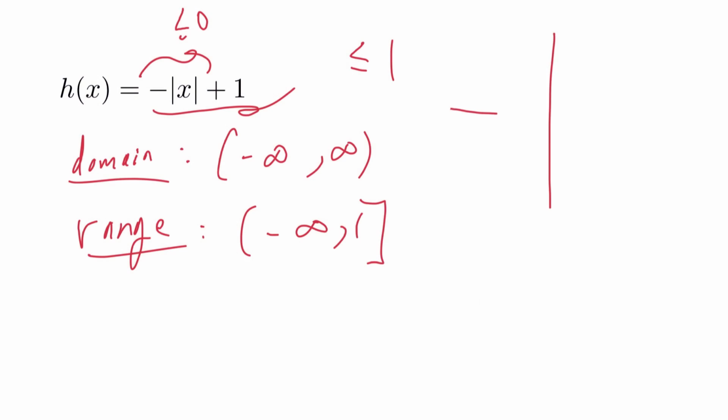So this is a nice little thing to draw a picture of. So here's a picture. I get all negative numbers in the range, but the only positive numbers I get are the ones greater than 0 and less than or equal to 1.